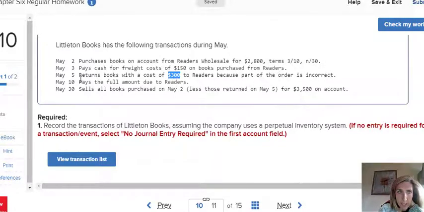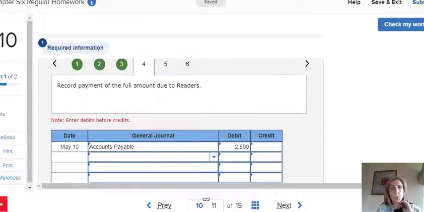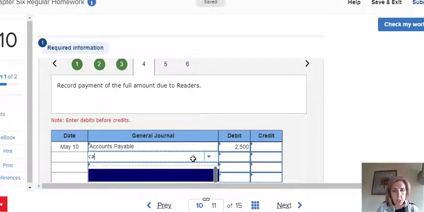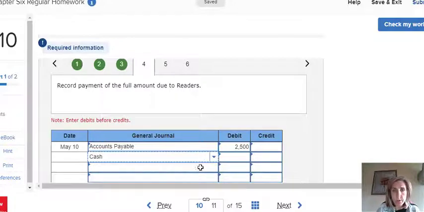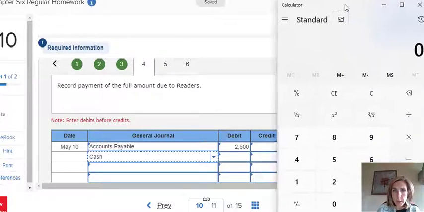It says I am paying on the 10th of May, so I am within the 10-day time frame. So I'm not going to credit cash for the full amount owed. I'm going to credit cash for 97%. I'm going to take a 3% discount. So what you're going to see is a credit to cash, but not for the full amount. I'm going to reduce my credit to cash by 3%.